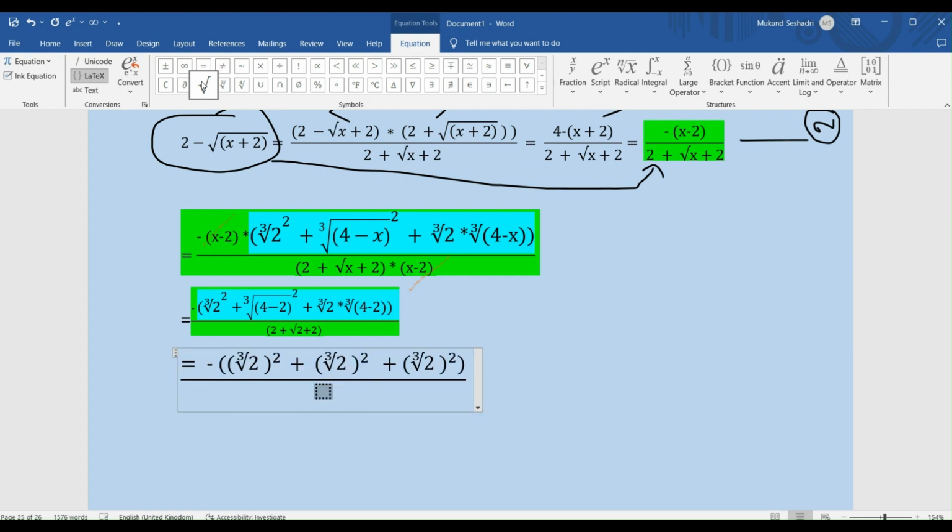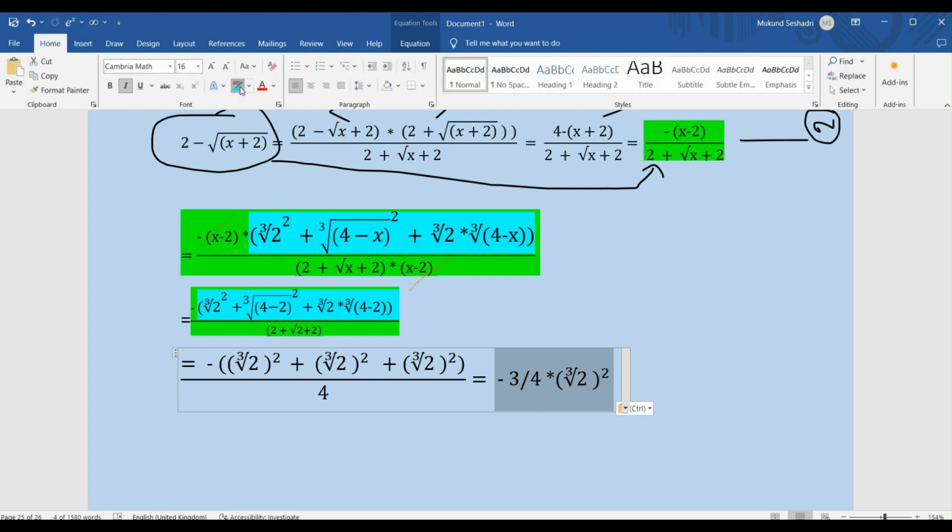So I'm going to skip this particular step and write it as 4. So all that I'm left with is cube root of 2 the whole square summed up 3 times, which means I have minus 3 by 4 into cube root of 2 the whole square as my final limit for this particular question, right?